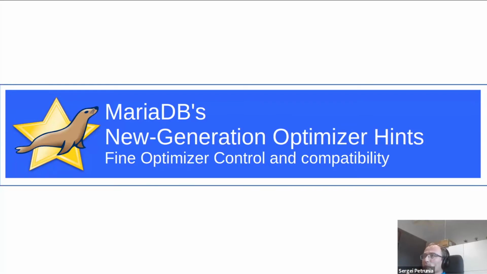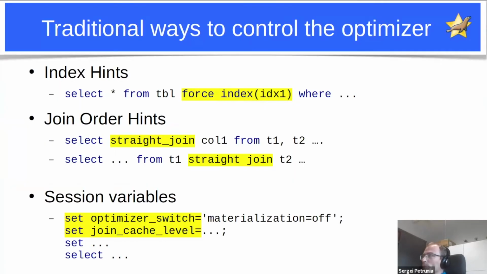Before we talk about what hints bring to the table, let's look at what we had before, the traditional ways to control the query optimizer that we have had for many versions already, that come from MySQL. There were index hints, where you could use FORCE INDEX or IGNORE INDEX after the table name.